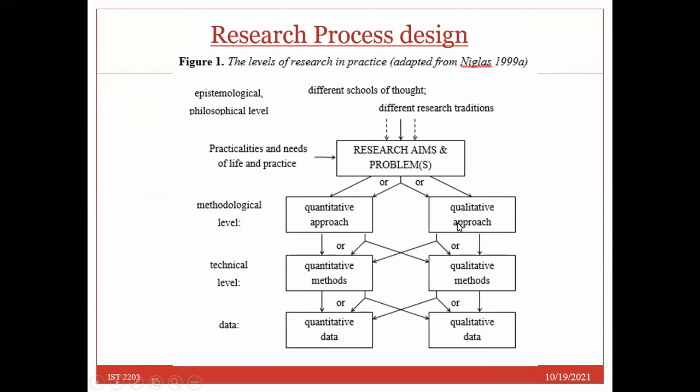And then after you've done that, you determine what methods you'll use, because even under the quantitative methodology, which this slide calls approach, there are many methods. So you determine what methods you use, either qualitative or quantitative. Then you collect the data depending on what method you use. The different methods give you different types of data.